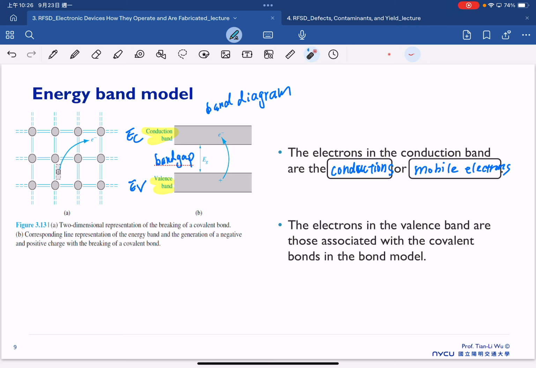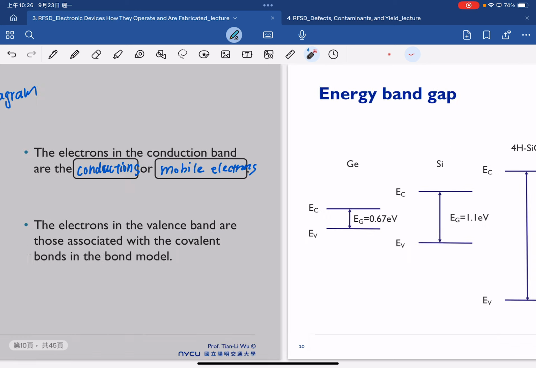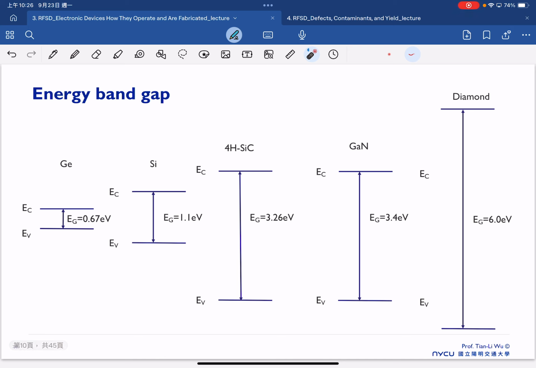And since we introduced the concept of band gap, we need to look at what the band gap actually is in different kinds of materials. In silicon, the band gap is around 1.1 electron volt. And in germanium, we have a very small band gap, around 0.6 electron volt.